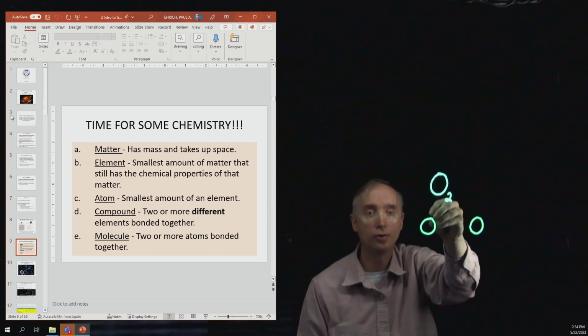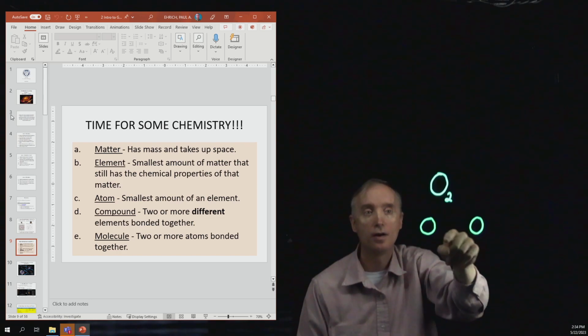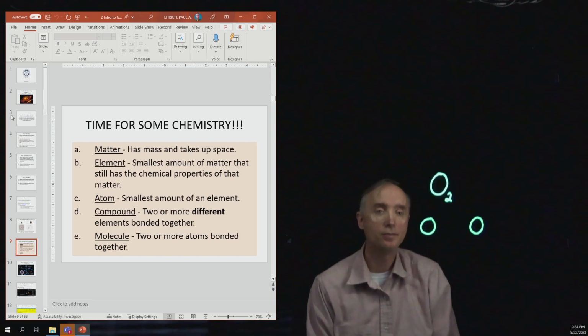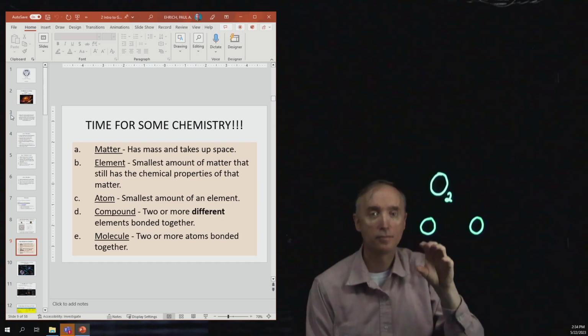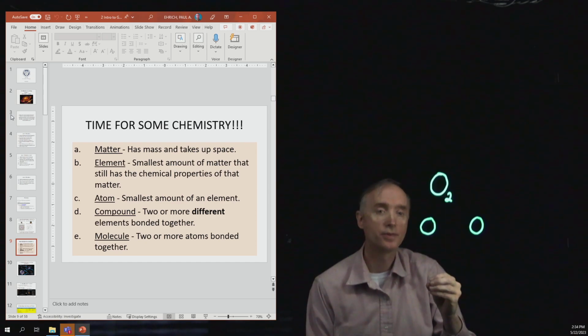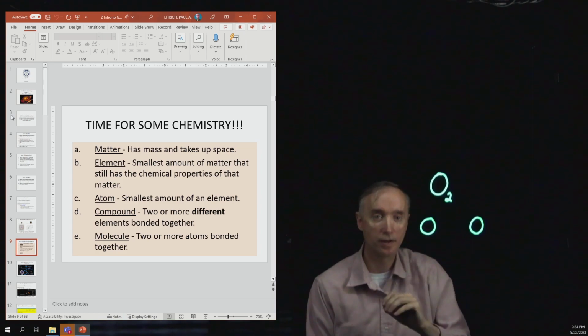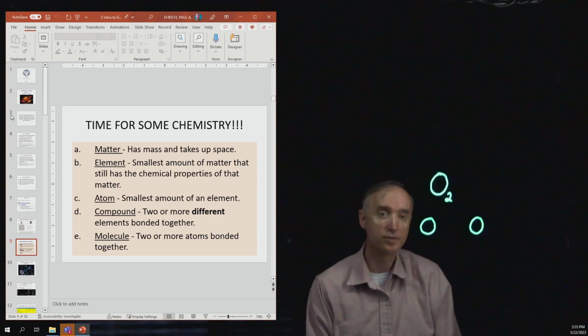If we were to pull out one of those electrons, all of a sudden this oxygen would not have the same chemical properties that it used to have. So the smallest amount of matter that still has the chemical properties of that matter, we're going to say is an element. And there's 92 naturally occurring elements in the periodic table, for example.